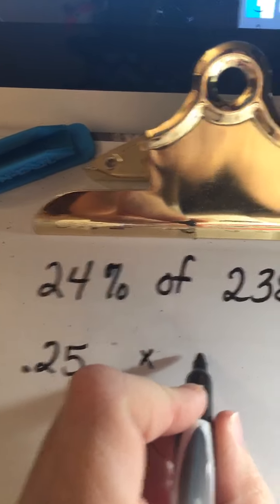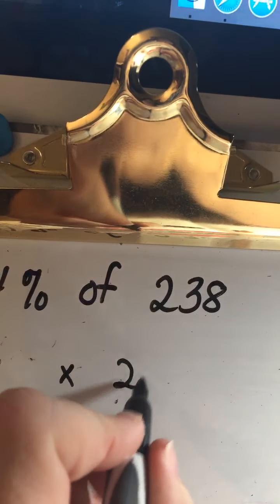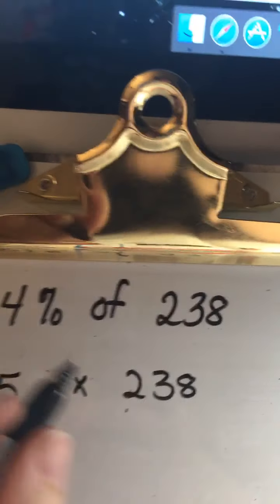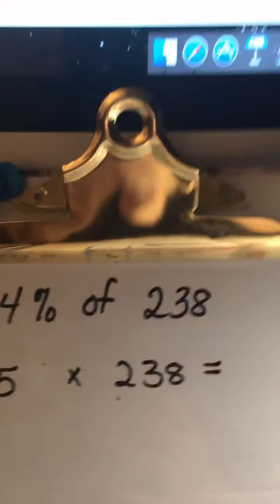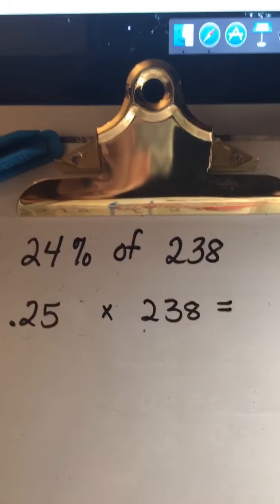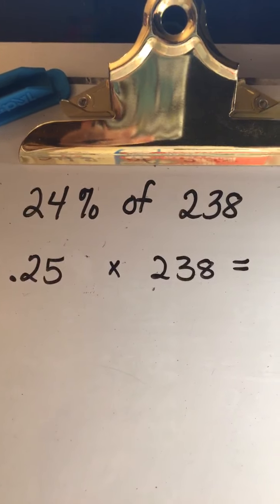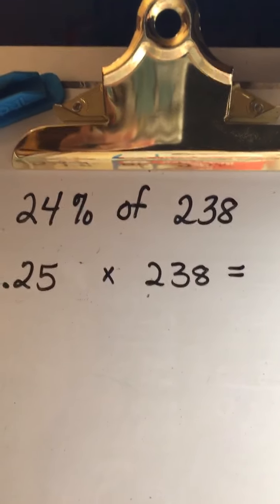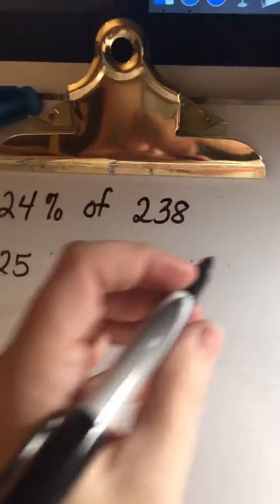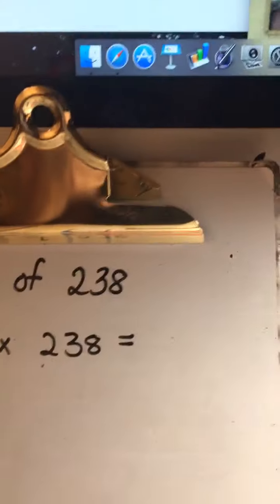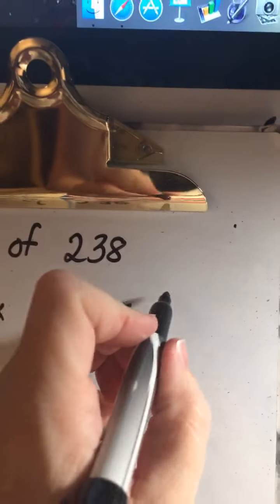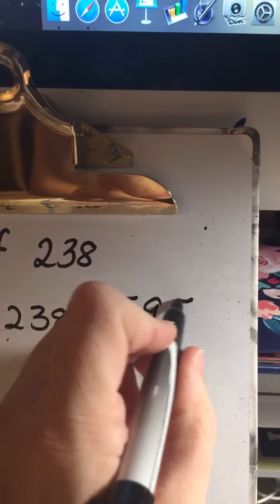times 238. Let's just go ahead and keep the actual amount there. You could do 200, but let's just keep 238. 0.25 times 238 equals 59.5.